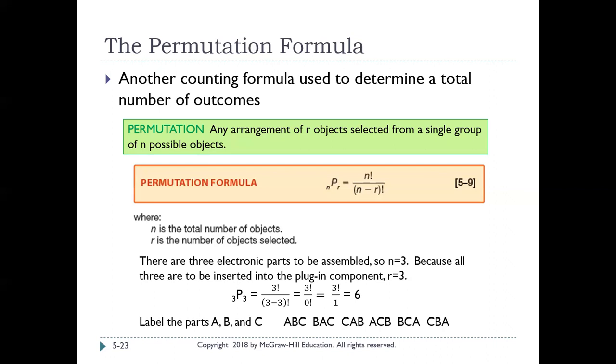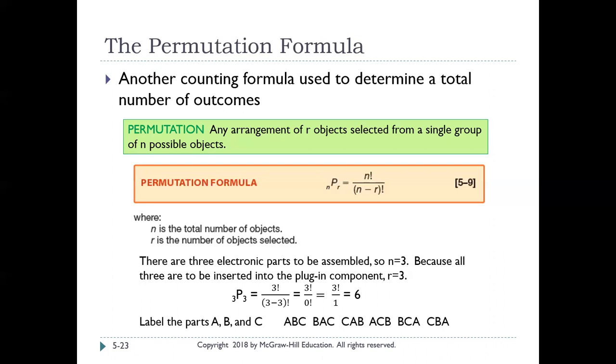It's kind of a messy process, but what I'll usually do, if I had a board here, and I'll do this in class, is I'll write down each of these numbers multiplied by each other on the top half of the fraction. Now on the denominator, we have n minus r factorial. So n is equal to 8, r is equal to 5 in our little shirt example. So we'll have 3 factorial.